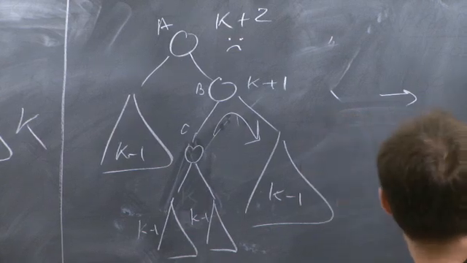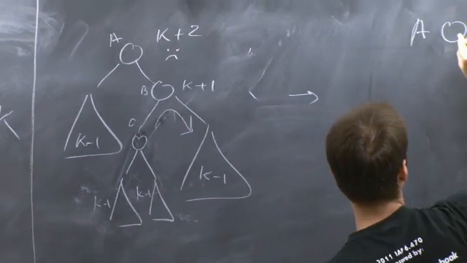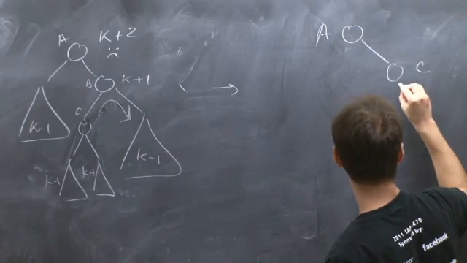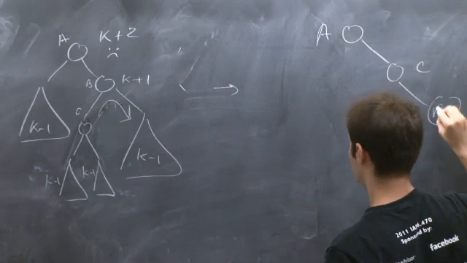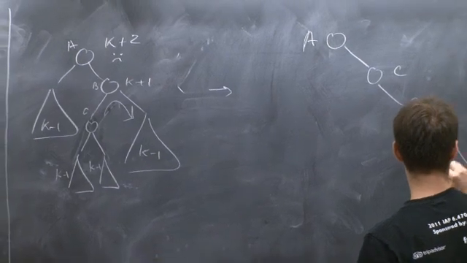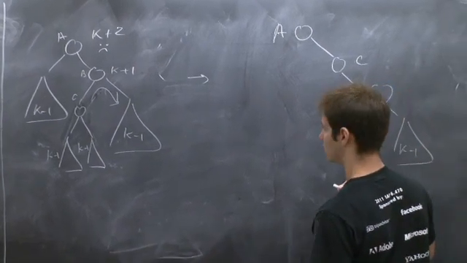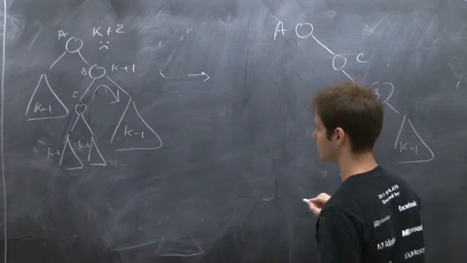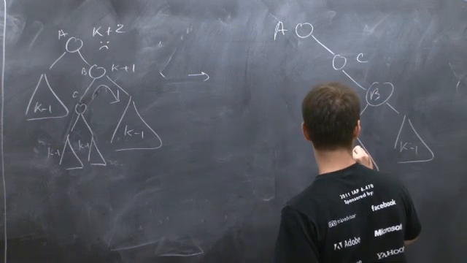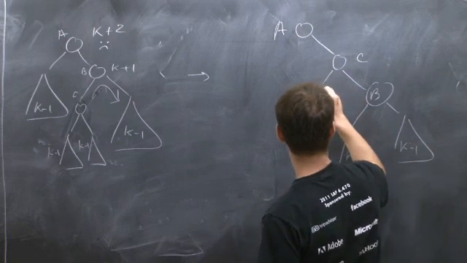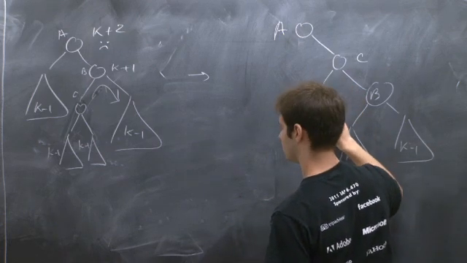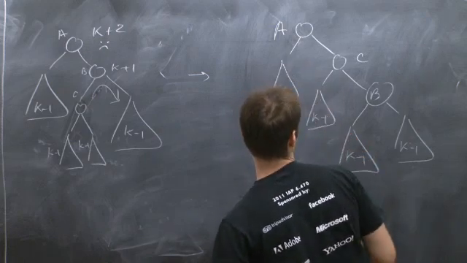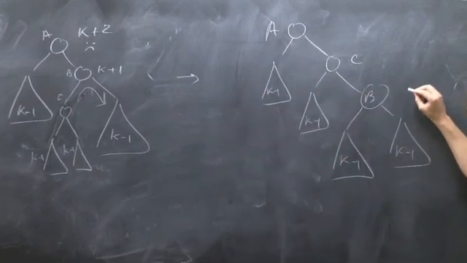A is the same, and then here I'm going to have C instead of B, then B. The right child of B is the same as it was before. The left child of B is a K minus 1. Then the left child of C is another K minus 1. And this one is K minus 1. Okay, what's the height at B now?